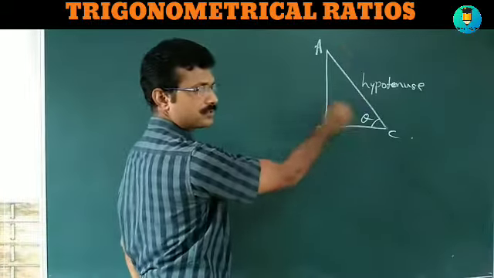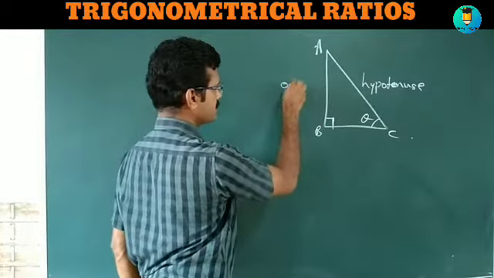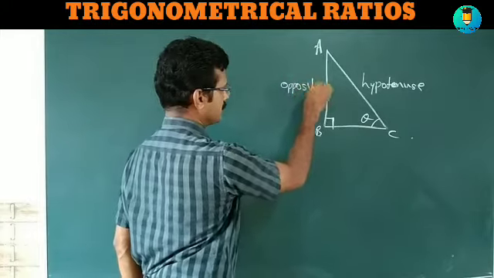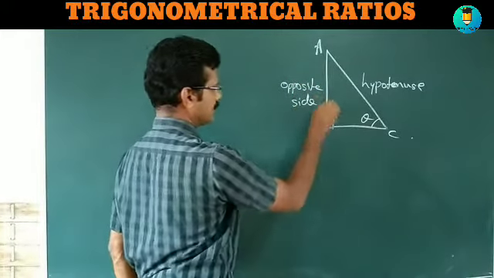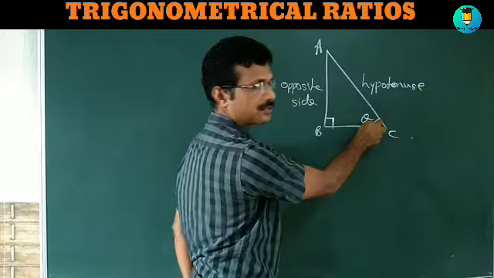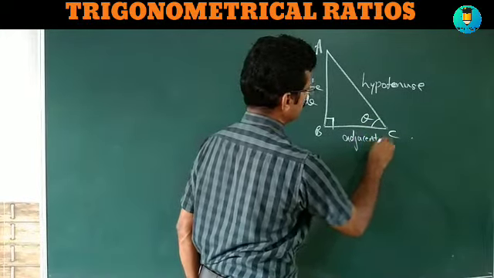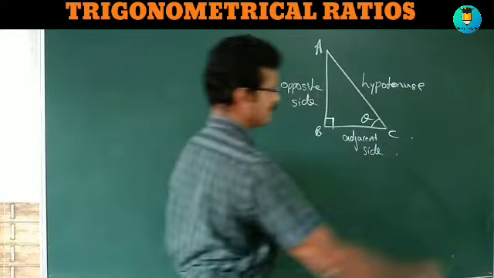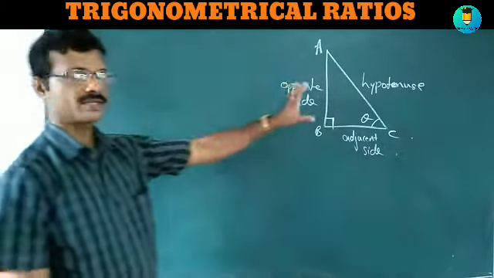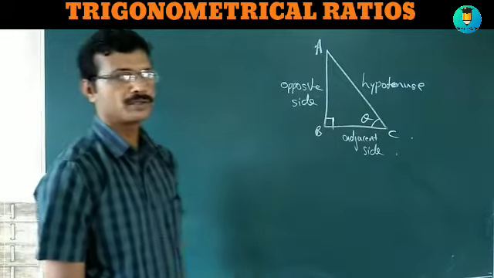This side is opposite to theta, so I am writing it as opposite side. And this side is near to this angle, so we say it as adjacent side. So these are the notations I already told. These are the notations we are going to use here.